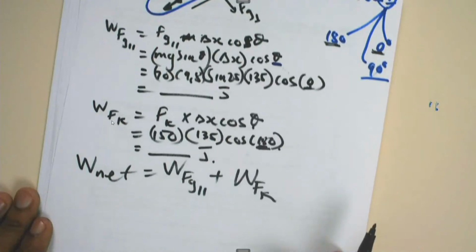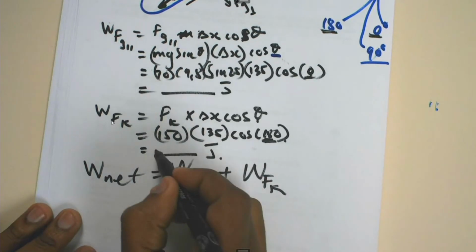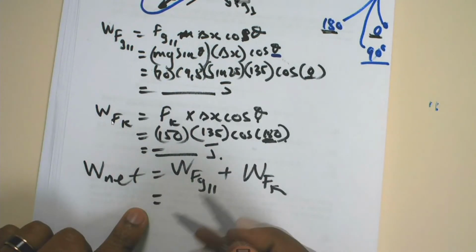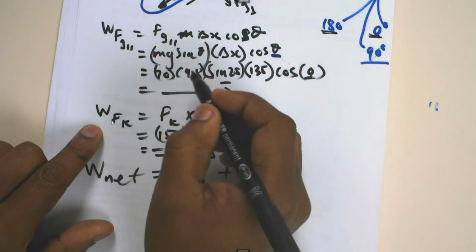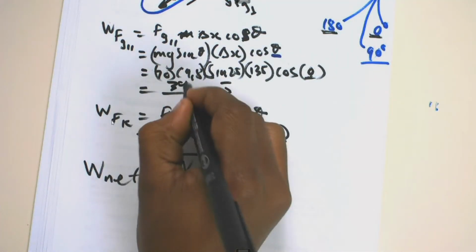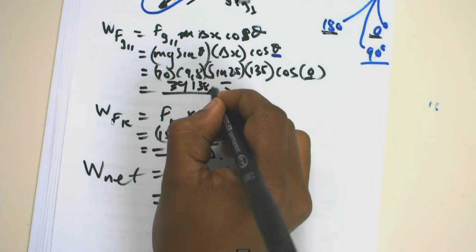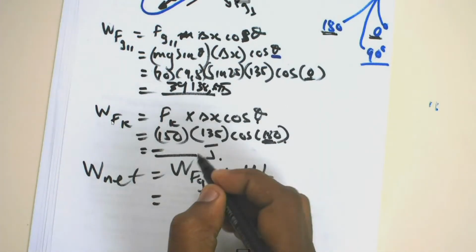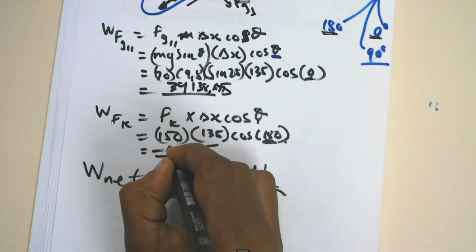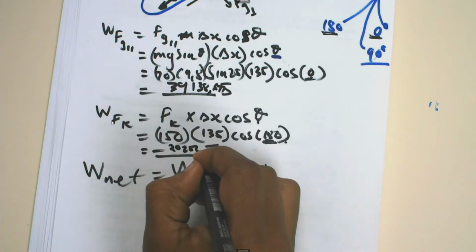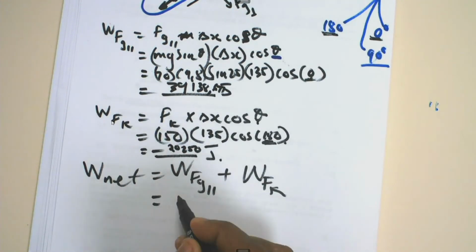So this one will be negative, and the answer here should be 39138,677, and then this one will be negative 20250.